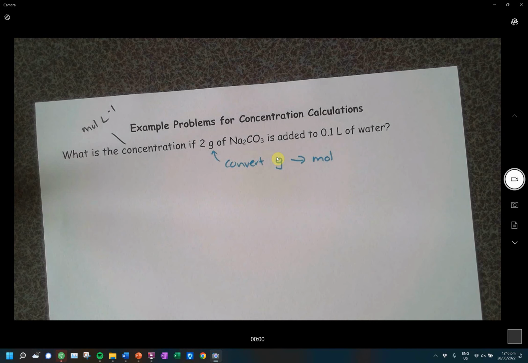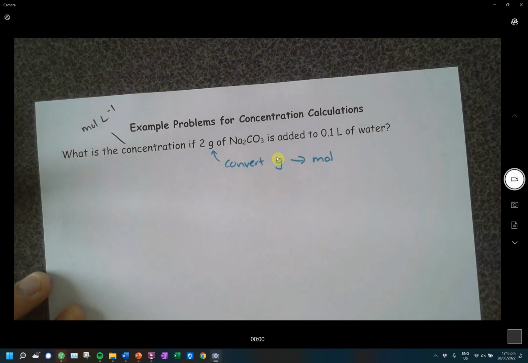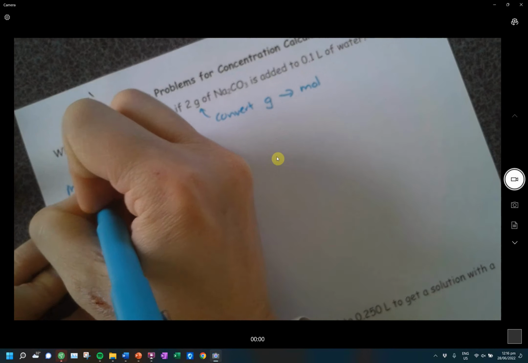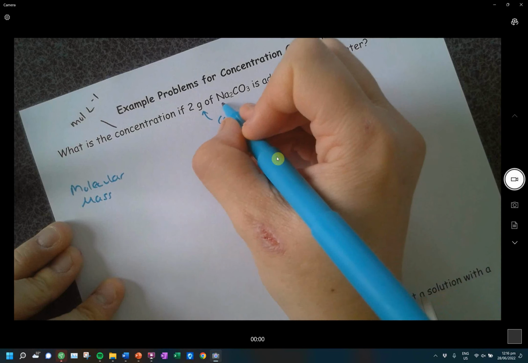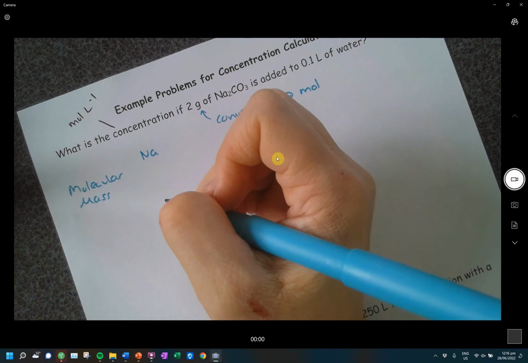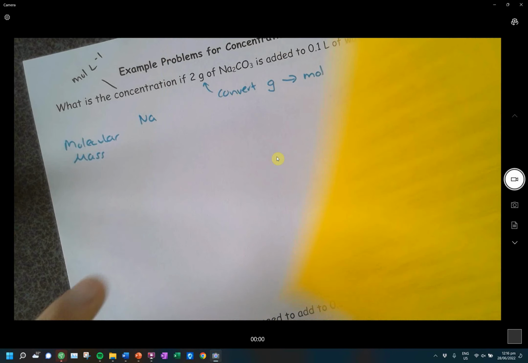All right. The first thing I need to figure out is the molecular mass of this compound. So how do we figure out molecular mass? Look at the periodic table. So I see that I have sodium, and sodium has an atomic mass of 23.